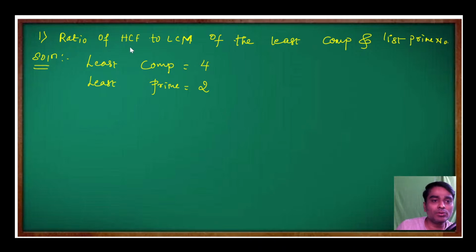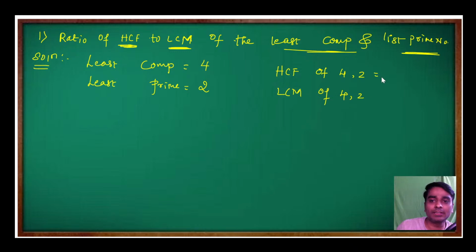Now they are asking you the ratio of HCF to LCM of the least composite and least prime. So you need to find out the HCF of 4 and 2. Then you will also find out the LCM of 4 comma 2. Then these two answers you will divide.